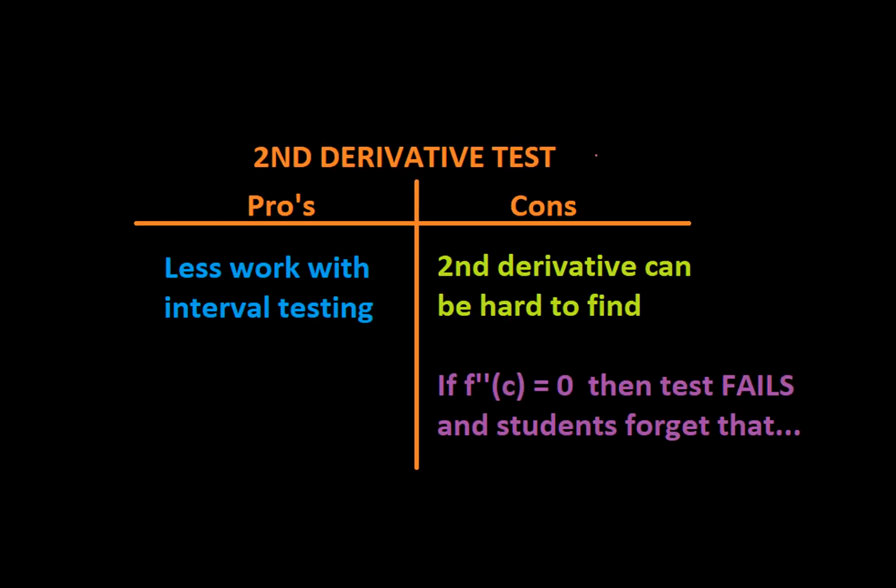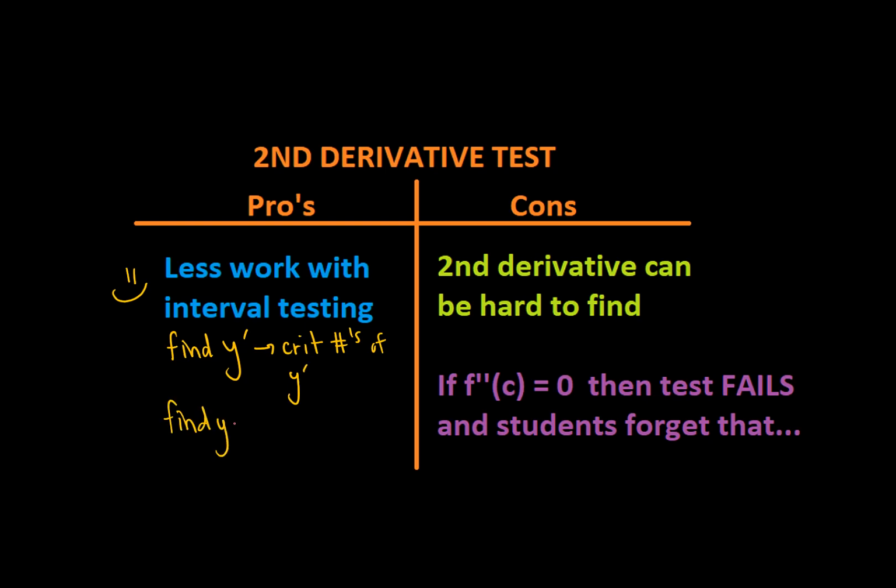Okay, a couple of things. The second derivative test is actually really nice, but you just have to remember some things about it. First of all, the big pro is that there's less work with interval testing. You find the first derivative and then find the critical numbers of your first derivative.